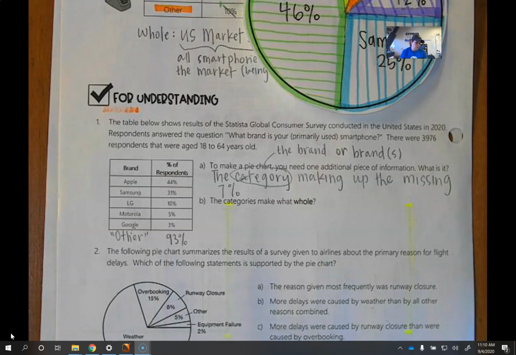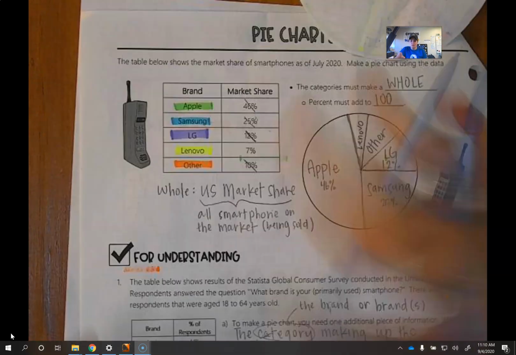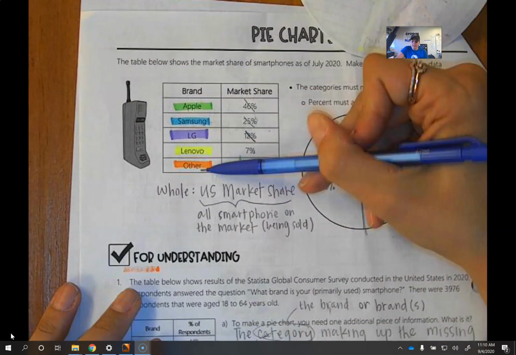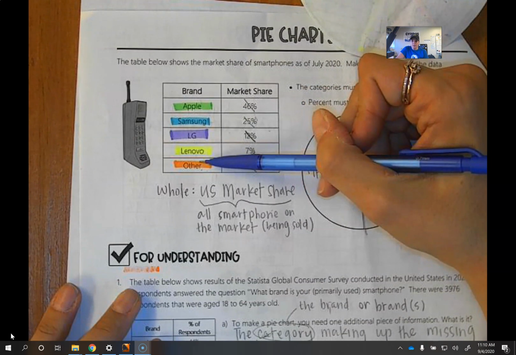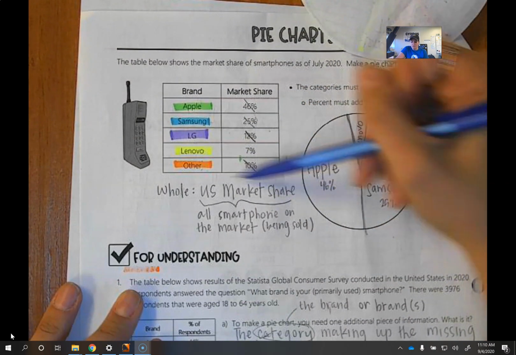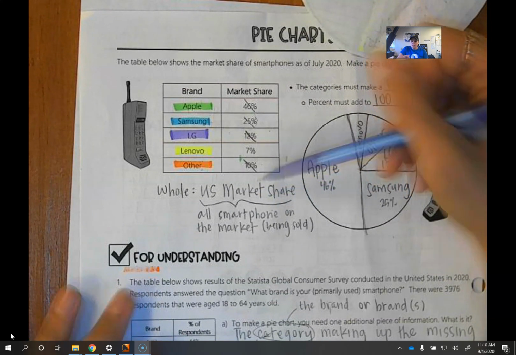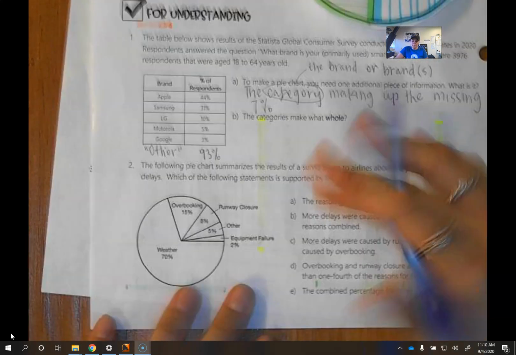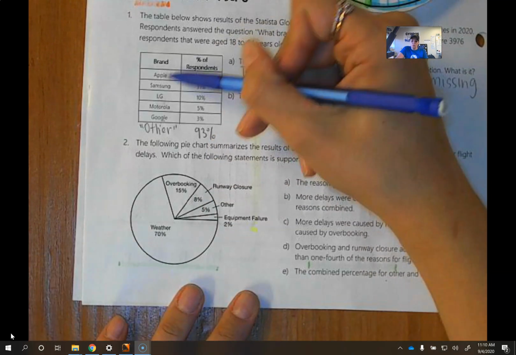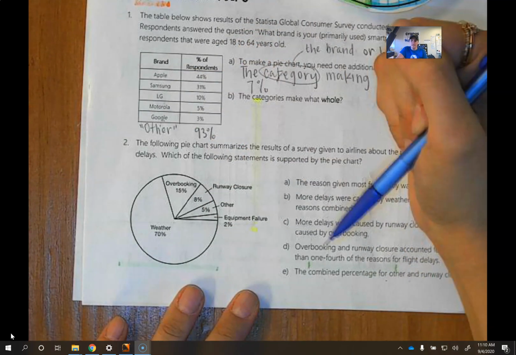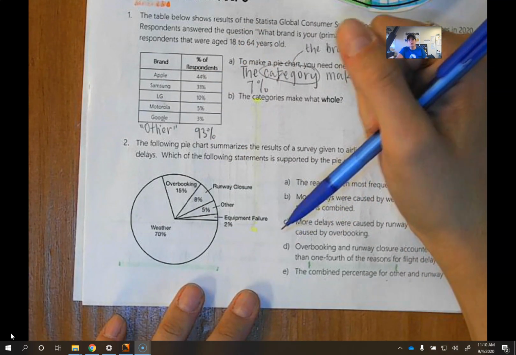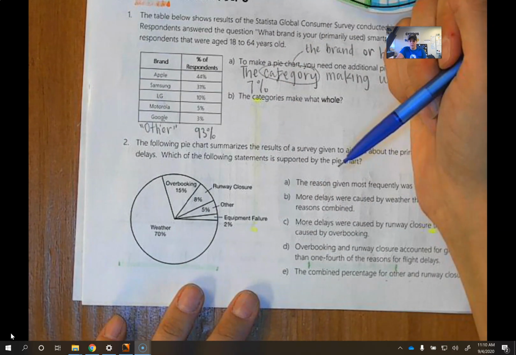Then the last question for this one is, what whole do these categories make up? So up in this table, these brands, these categories made up all of the phones that were being sold in the United States. In this table, what is the whole? What whole do these categories make?